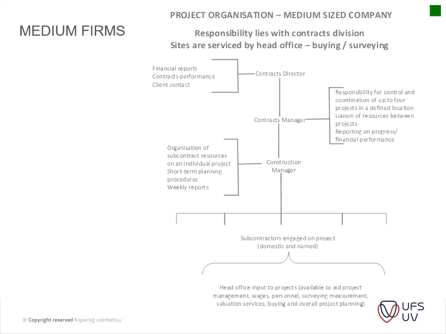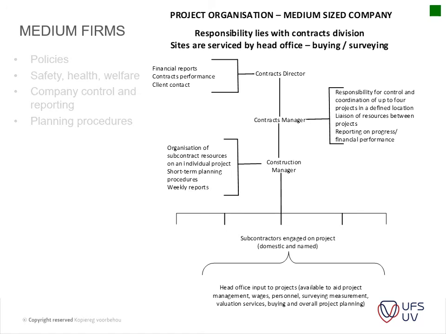Okay, then looking at medium firms, a little bit more complex. You have policies that start playing a role: safety, welfare, company controls and reporting, planning procedures, etc. So you've got your principal director, contract manager, construction managers, and then your subcontractors underneath. Your construction managers handle the organization of subcontractors, resources, and individual projects, with a short team procedure, weekly report, and so on.